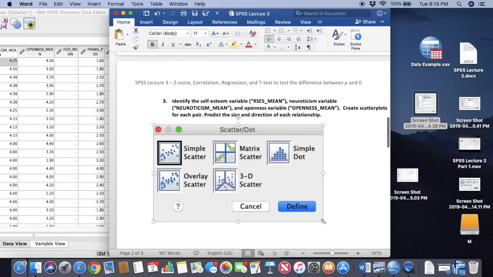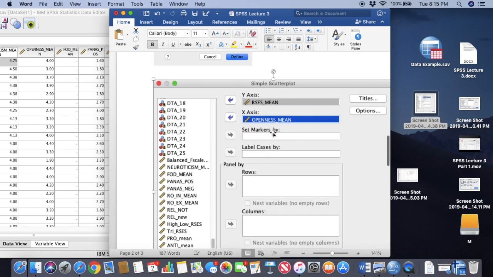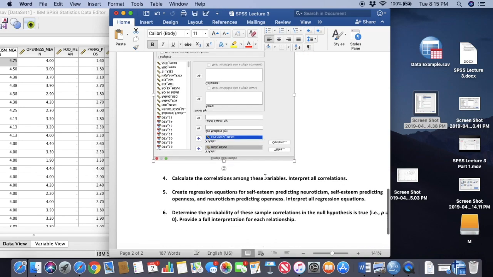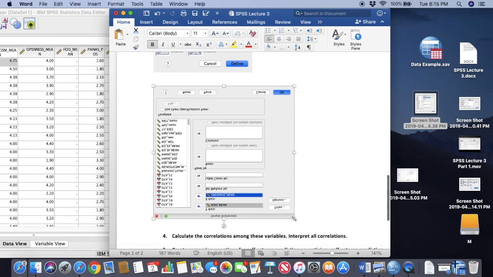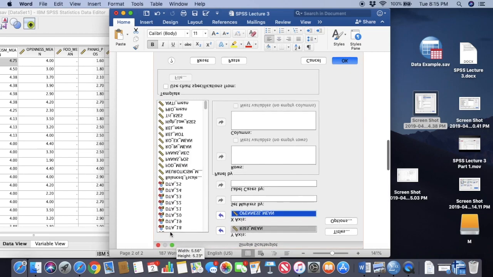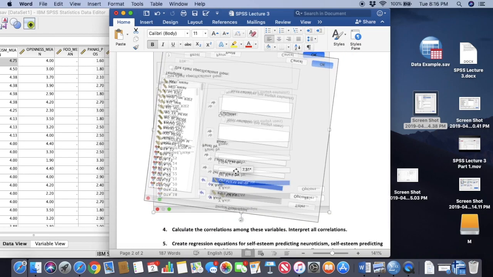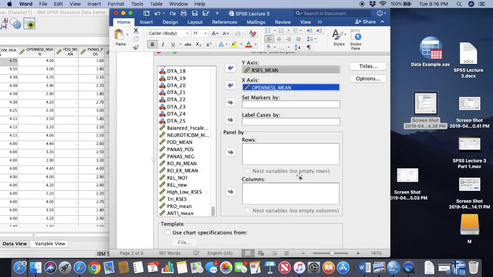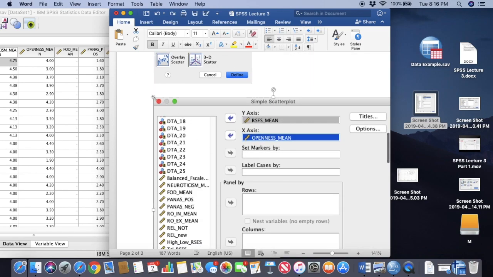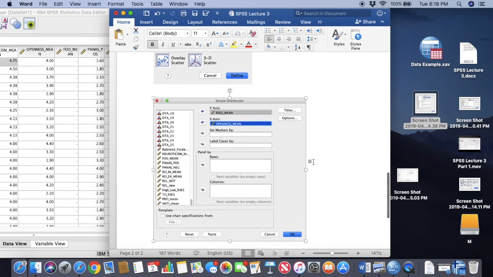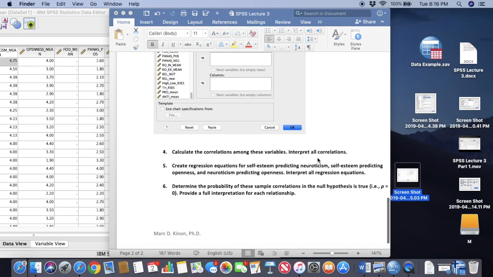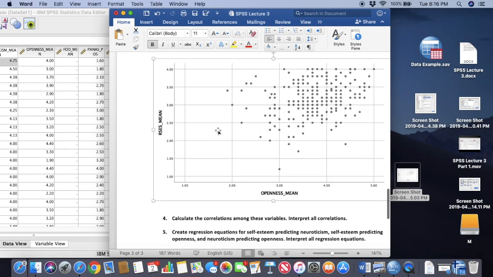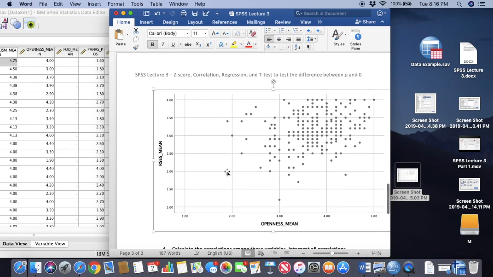These are kind of big, so I'm going to make them smaller. I think it tilted over itself. Okay, that's a mess. And then here's the actual scatter plot.